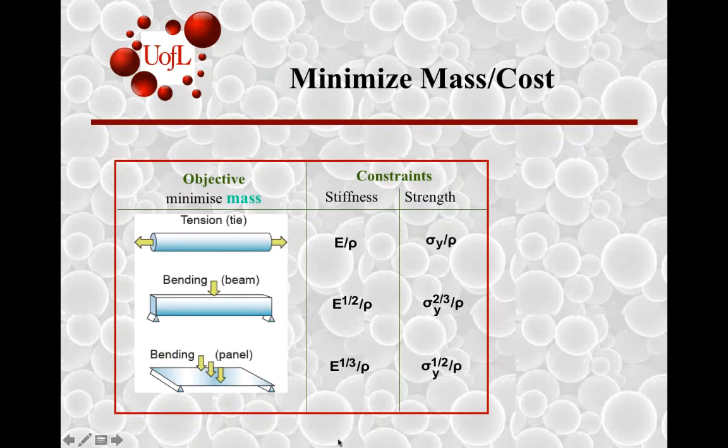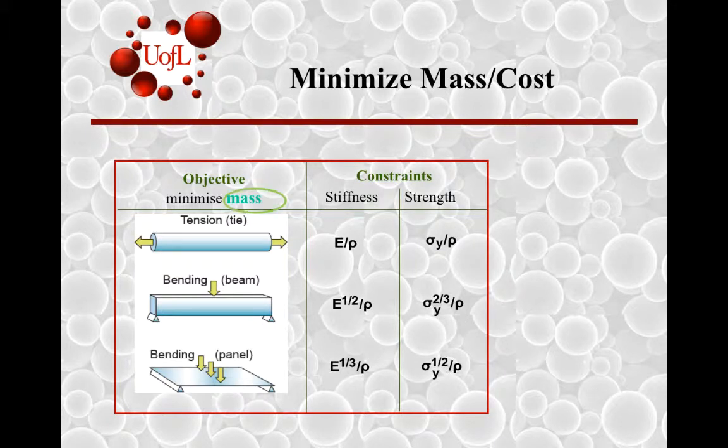And based on a stiffness limited design or a strength limited design, you have this set of 6 material indices. In the first column is stiffness limited. It depends upon the modulus and the density. If it's strength limited, it depends upon the yield strength and the density. These indices change quite a bit.